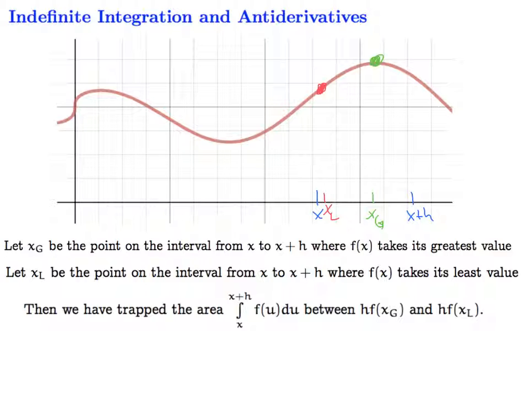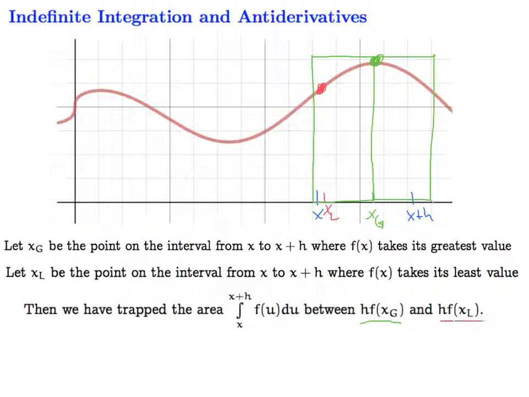The reason I did this is because now I've trapped the area of the integral I want to compute between two different rectangles. Here, h times f of x sub g means I'm going to take this height at x sub g and multiply it by the width of my interval, so I get a rectangle with a certain area.